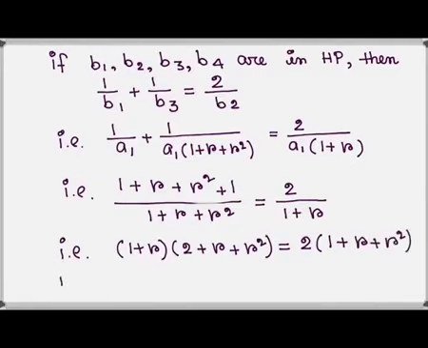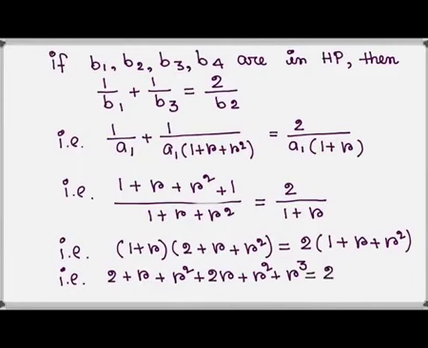Simplifying this, we get 2 plus R plus R square plus 2R plus R square plus R cube shall be equal to 2 plus 2R plus 2R square.